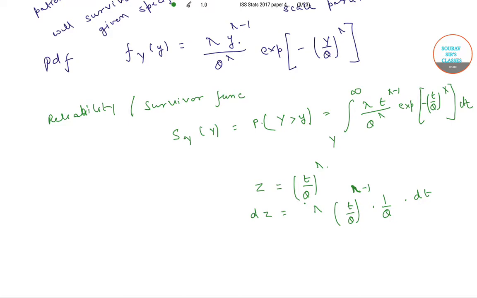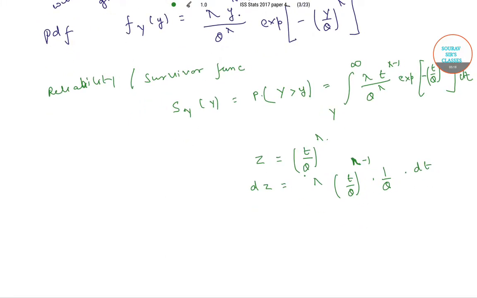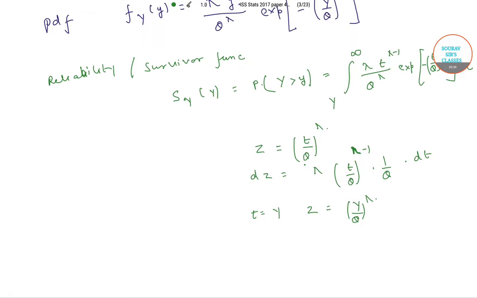So dz is equal to lambda into t raised to the power lambda minus 1 divided by theta raised to the power lambda into dt. When t is equal to y, z would be equal to (y by theta) raised to the power lambda. And when t is equal to infinity, z would also be equal to infinity.